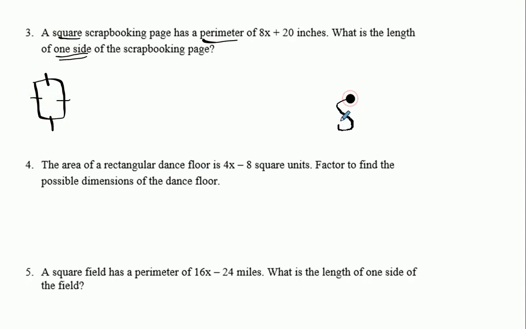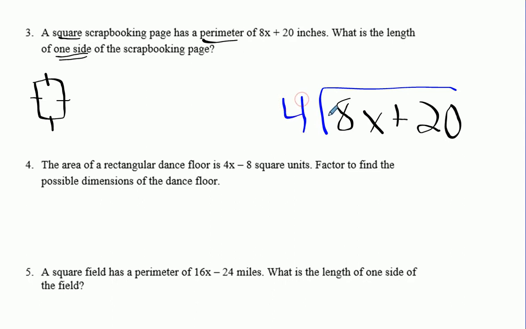So I'm going to be dividing 8x plus 20. Not necessarily factoring it, but I am going to be dividing it by what? I want to find out how much one side of the square is, but perimeter means I took all 4 of these sides and added it up to get this. So when I divide, I'm going to have to divide by 4 because there are 4 sides to the square.